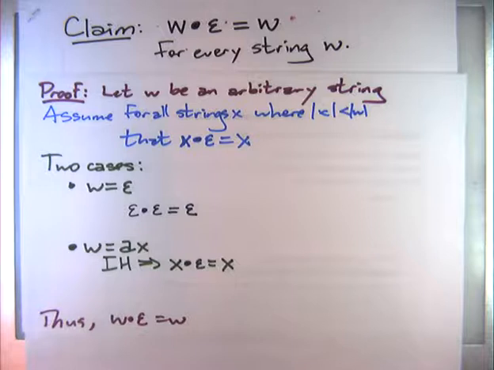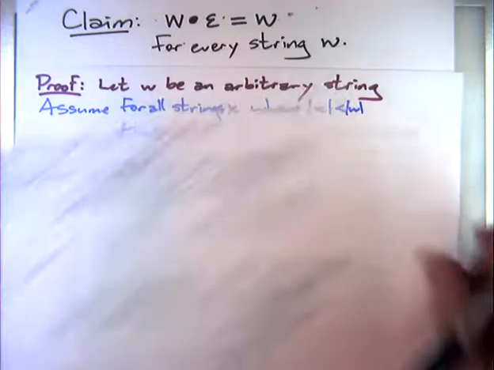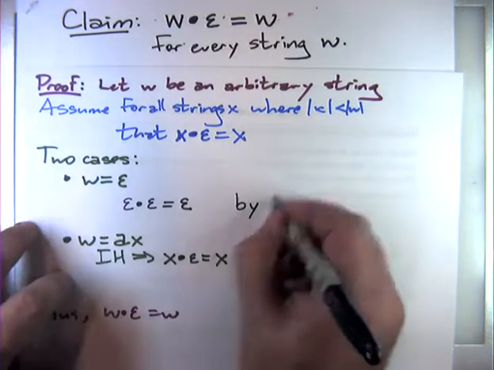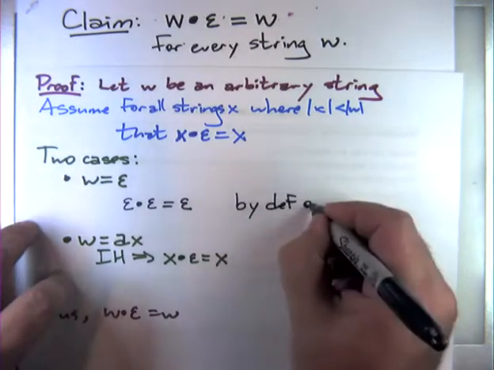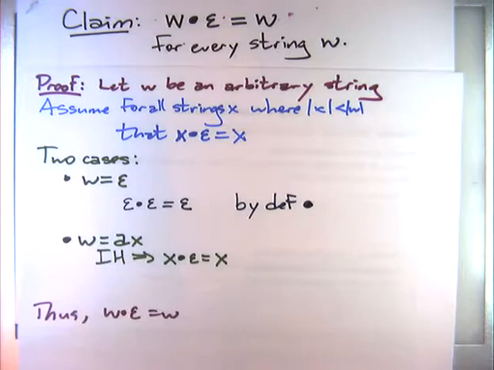Why is that true? By definition. Okay? This is by definition of concatenation. Epsilon dot anything is anything. And in this particular case, that anything is the empty string, but okay, fine.